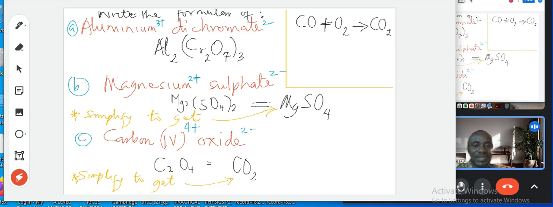It's when we are balancing it that we put numbers in front of the element or compound. Those numbers are the moles or the number of molecules. These ones you have as subscripts give you the number of atoms.